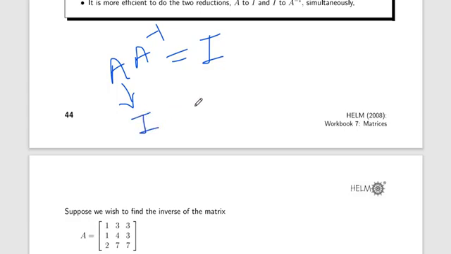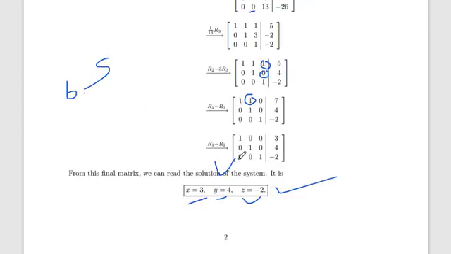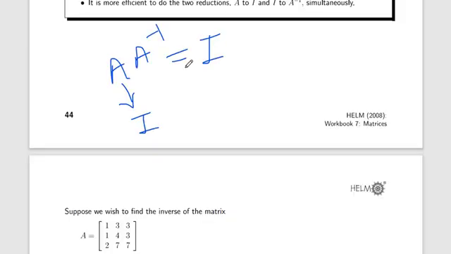Like in the previous method we have already seen, if the same operations R1, R2 and the same steps are applied to the identity matrix, then we get the matrix A inverse. Same operation, same position.